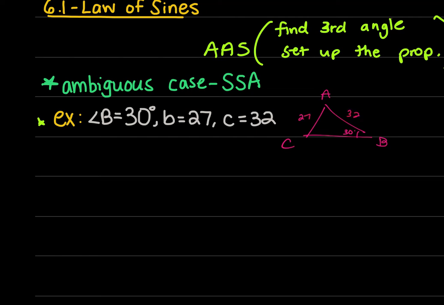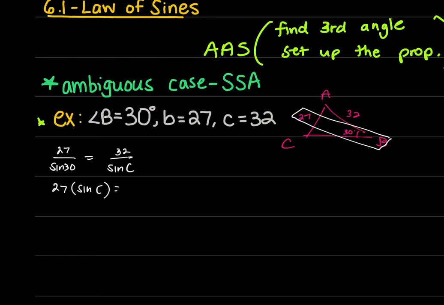And from there, you should be able to tell that you're given two sides and a non-included angle, which is the ambiguous case type. So the first thing I'm going to do is find the missing angle because I have both B's. I will always use that ratio. I will use 27 over the sine of 30 degrees equals side c, which is 32, over the sine of angle C. And then I'm going to cross multiply and divide.